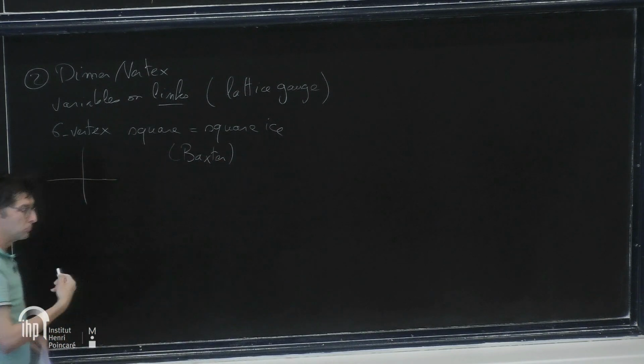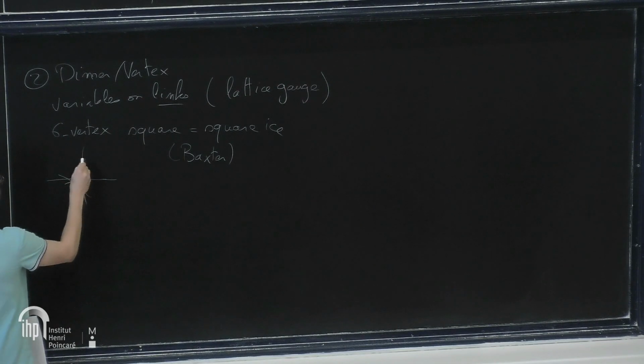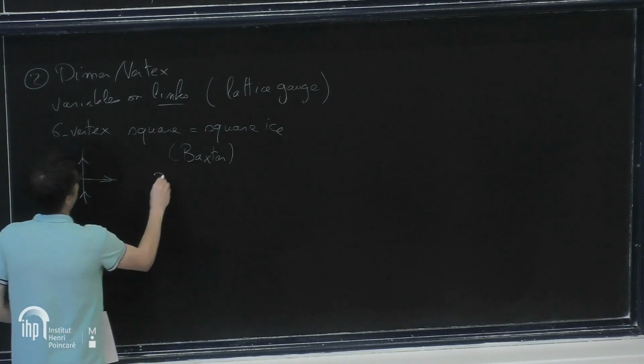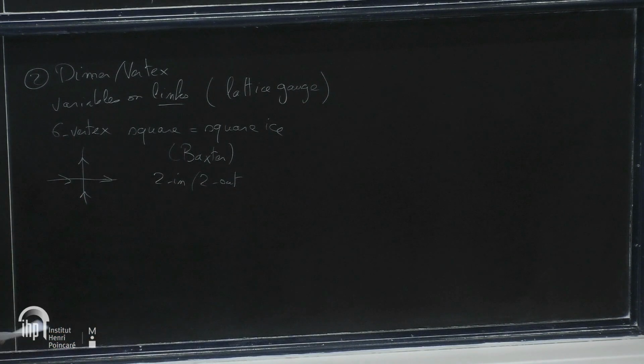It's a complicated model of statistical mechanics where you put some energies on the configurations. But the rule, why is it six-vertex? Because the variables are on the links, so instead of putting +1, -1, I can put arrows. And the rule of the game is to have 2 in, 2 out. Okay, so maybe we need to draw a lattice.